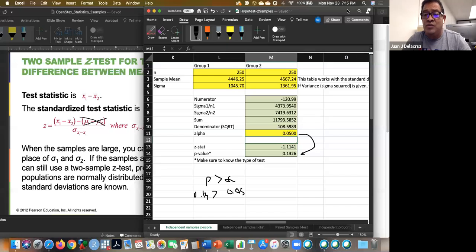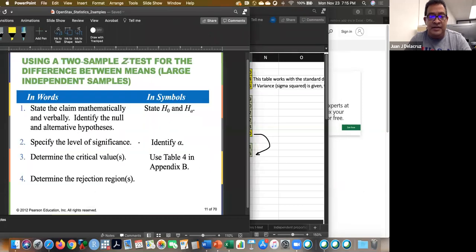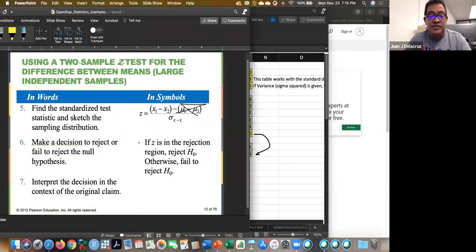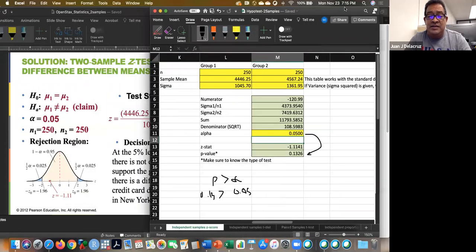But also I can do the following. I'm going to find the Z-score for this, and I am going to do the rejection regions. Let me do that. Here we have to state the hypothesis.